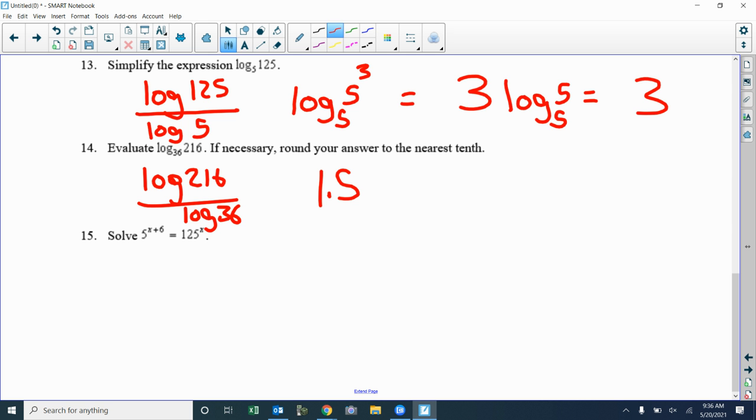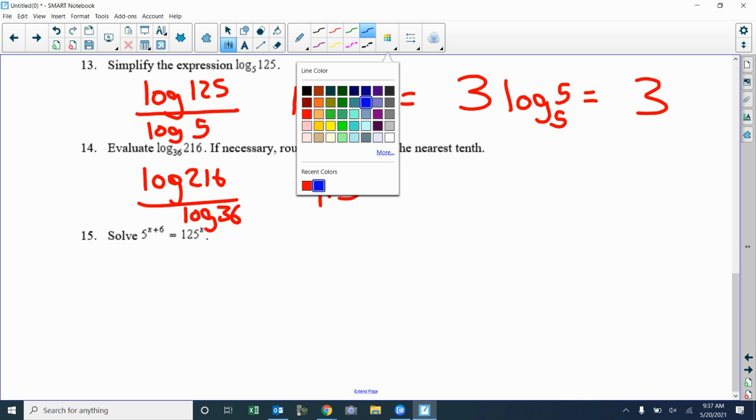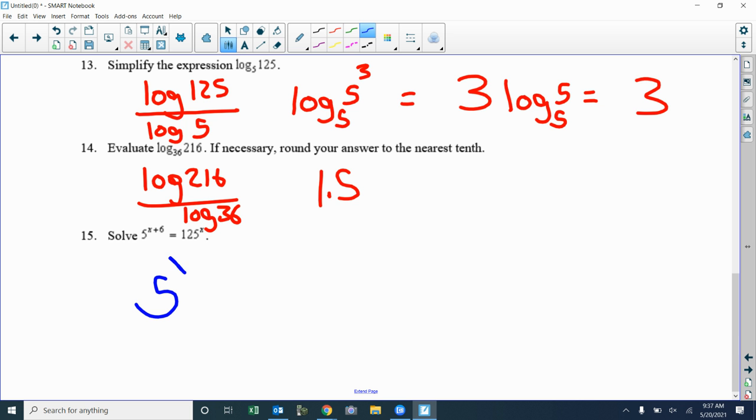All right, this guy right here has an equal sign between them, so we're gonna have to do a little bit of work. This is gonna be 5 to the x plus 6. 25 would be 5 to the third, and we still have that x. So why do I do that? It's so I can drop those 5s.